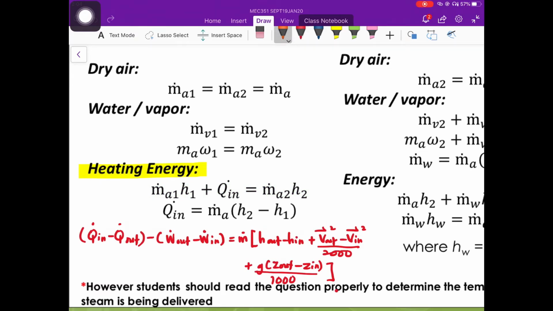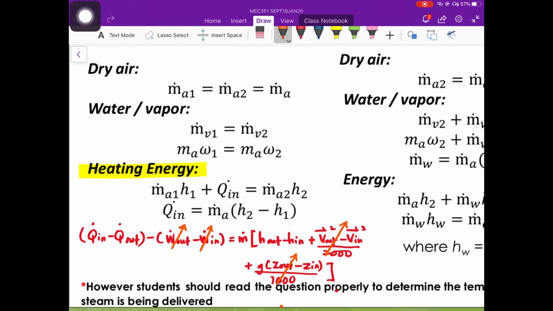The heat exchanger, which represents the heating coil, does not produce or consume any power. Therefore, the power terms can be cancelled. Usually, we can neglect the kinetic and potential energy terms.